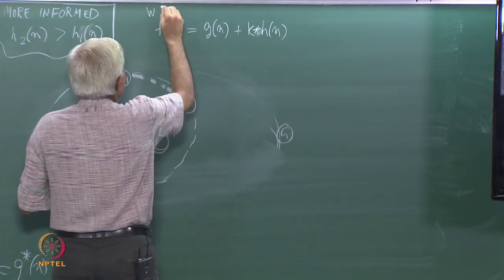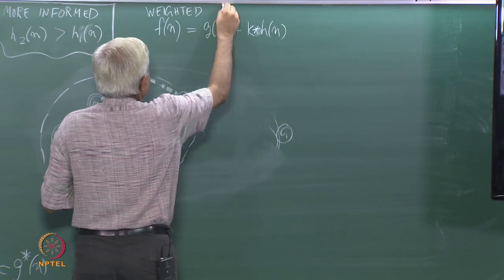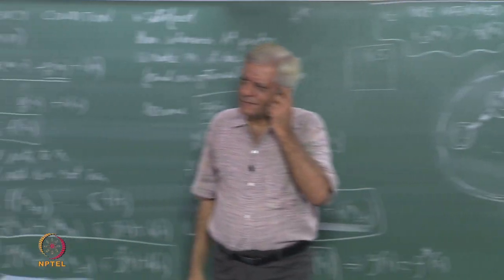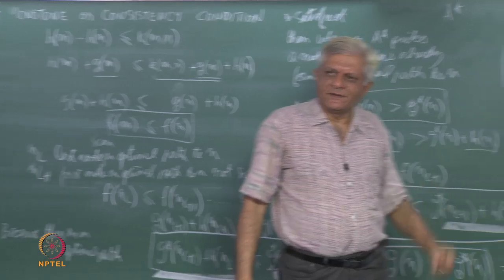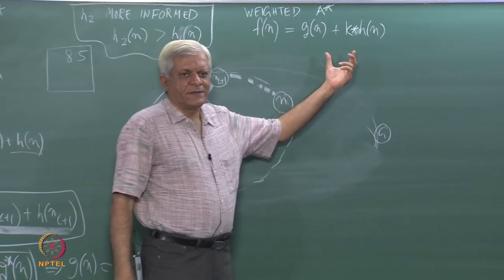This is known as the weighted A star algorithm. So, you use a parameter k to decide how much influence the heuristic function has.